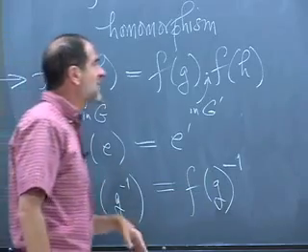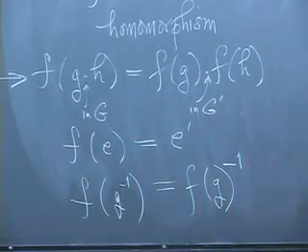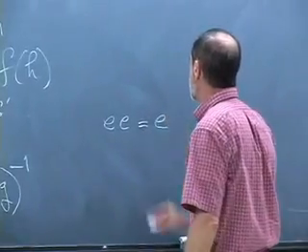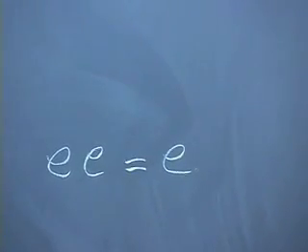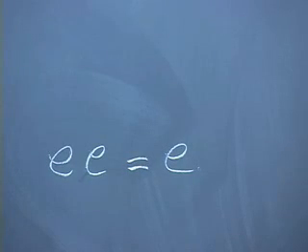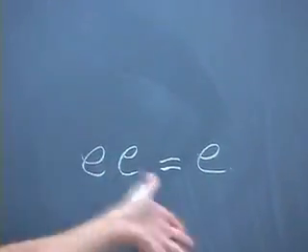To prove that it takes the identity into the identity, you use the fact that in a group, E times E is E. E is the only element which has that property. No other element has the property that A times A is A. It is the unique element with that property because you could cancel by multiplying by E inverse.